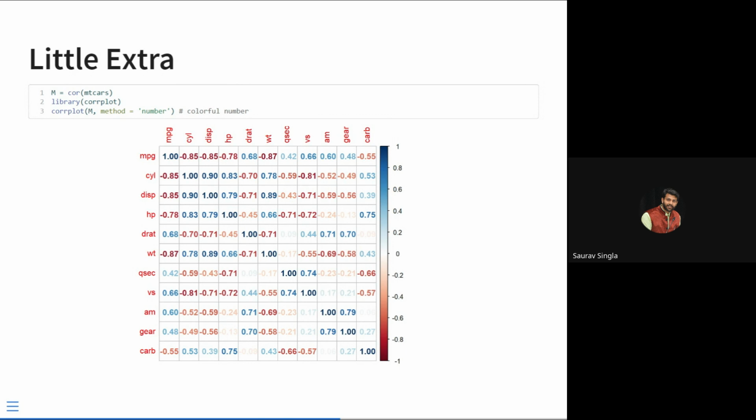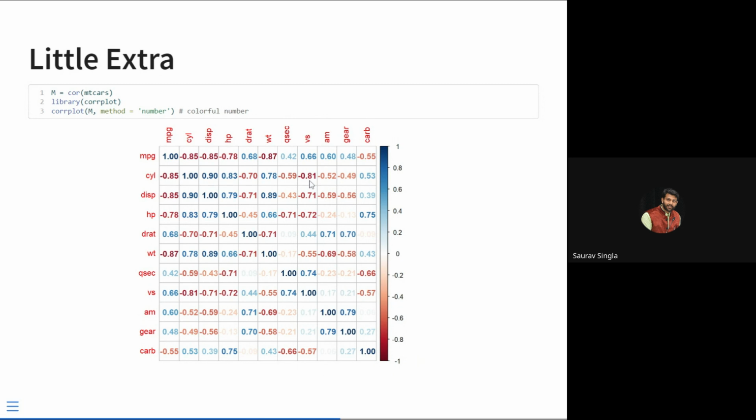This is one way. In this, one addition to the previous is the bluish number. The number that is more blue is close to +1. The number that is close to -1 is quite red in color.